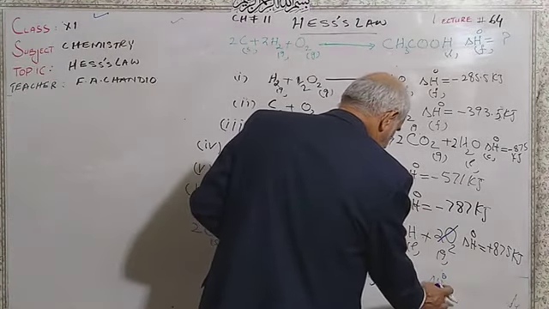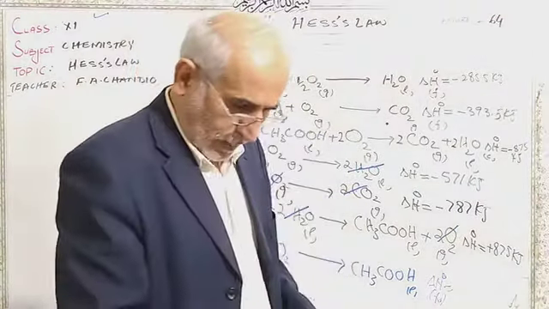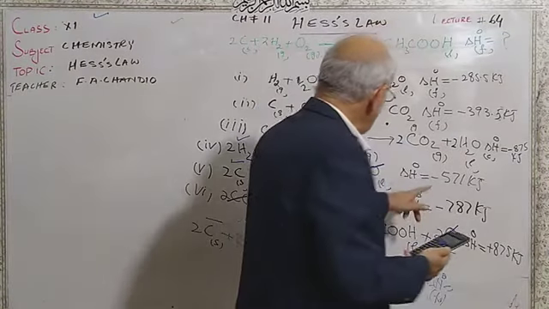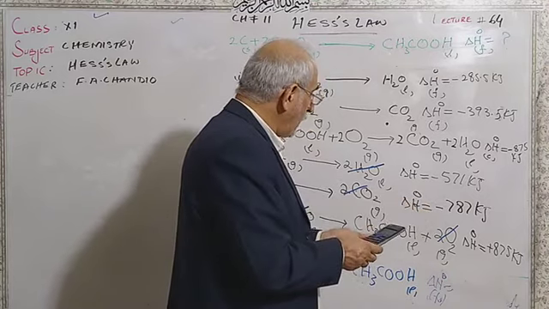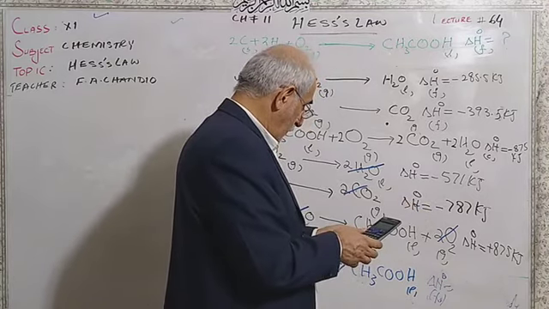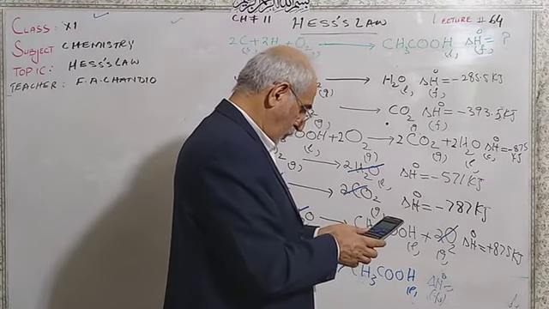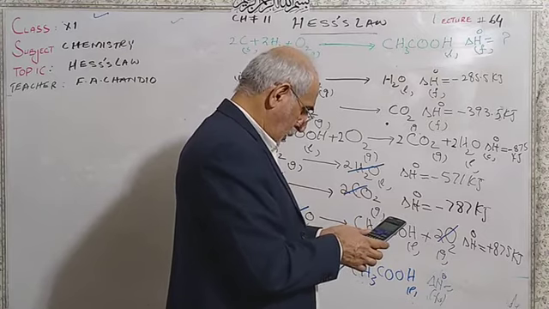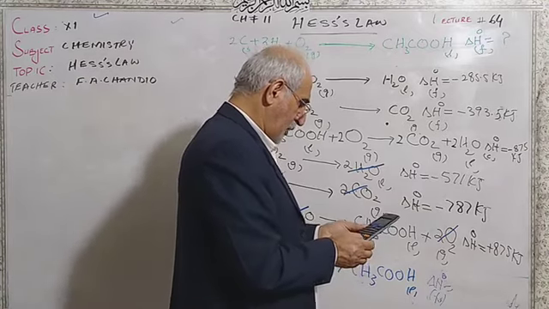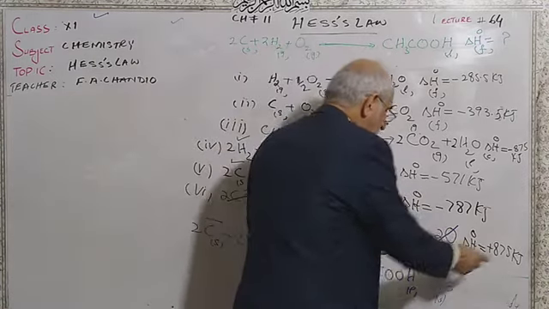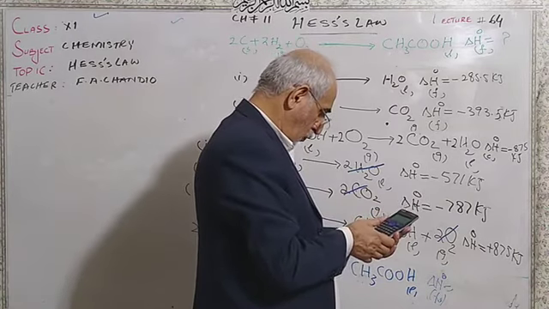Formation. Now 8, 5, 7, 1 plus 7, 8, 7, answer 1, 3, 5, 8. Then subtract 8, 7, 5.